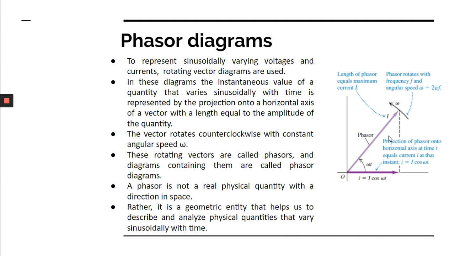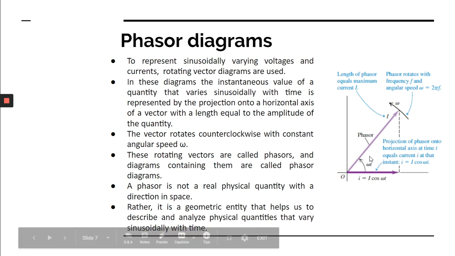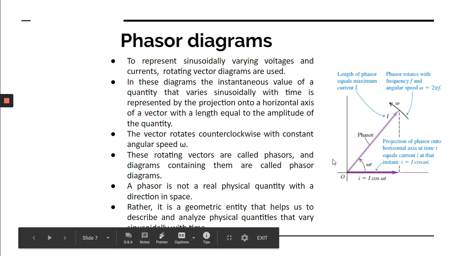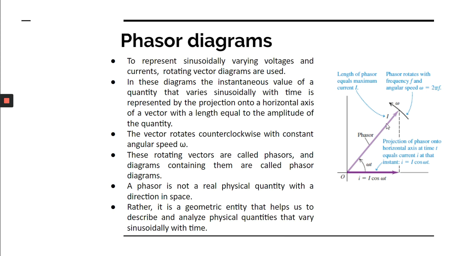One thing to remember here: don't confuse that I is a vector. It is the projection of a vector, and the vector is simply a line of some length.